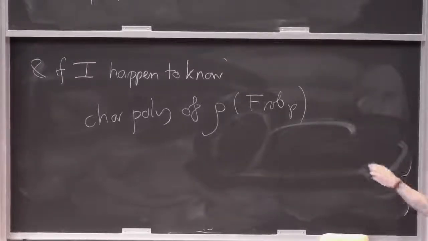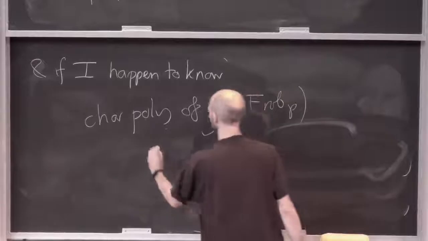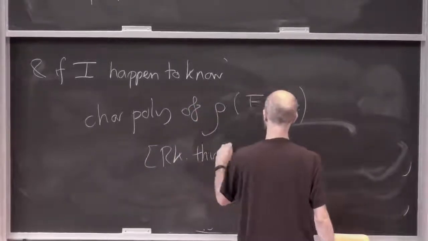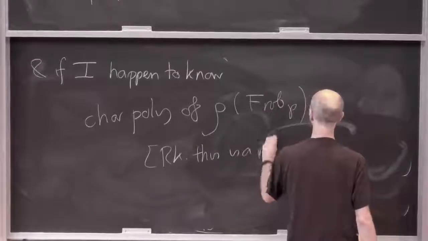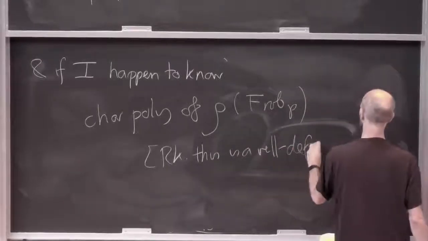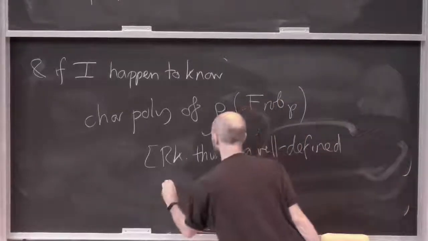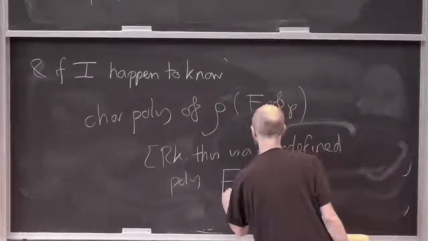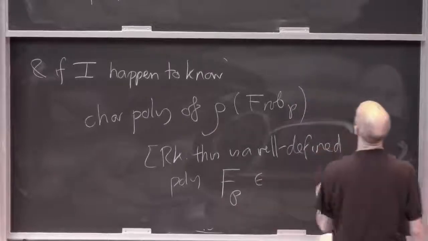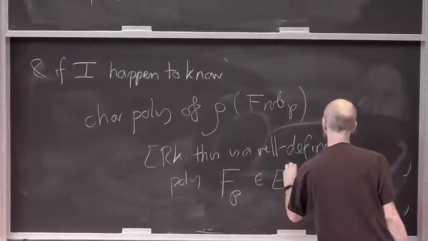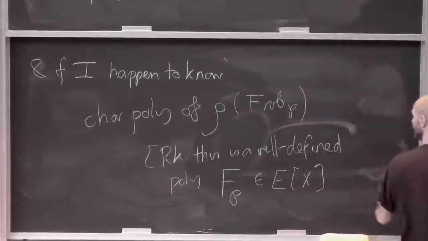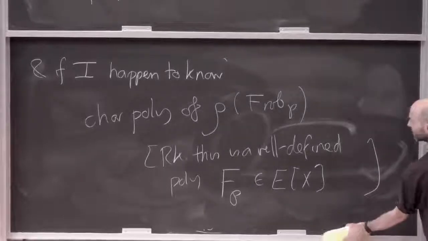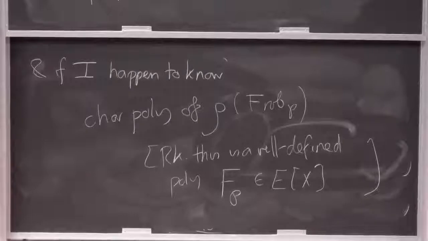Maybe make some remark. This is a well-defined polynomial, in E[x]. So even though Frob P is a conjugacy class, not an element, it still makes sense to talk about char polys.